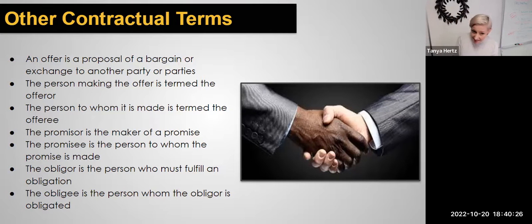The promisee is the person to whom the promise is made. The obligor is the person who must fulfill an obligation, while the obligee is the person to whom the obligor is obligated. That's a mouthful of marbles, right? It's just important, though, to understand who is whom in a contract when you are speaking about contract law.